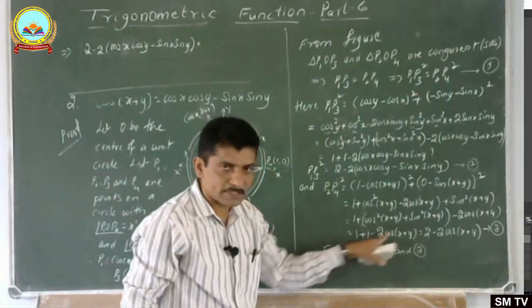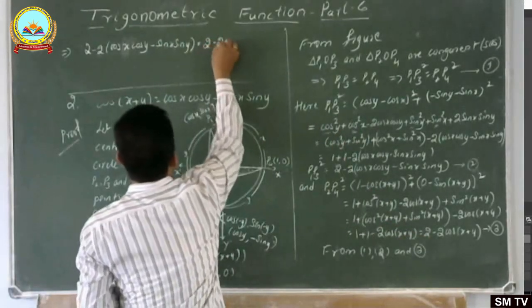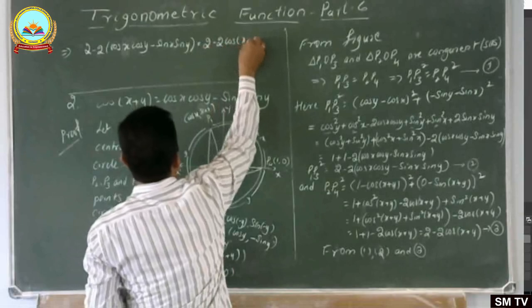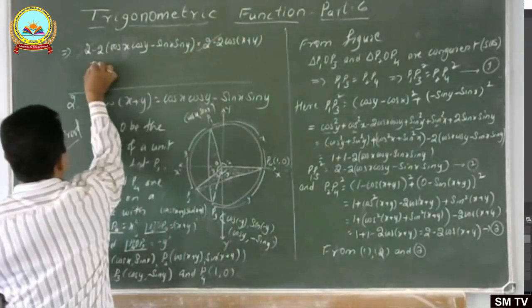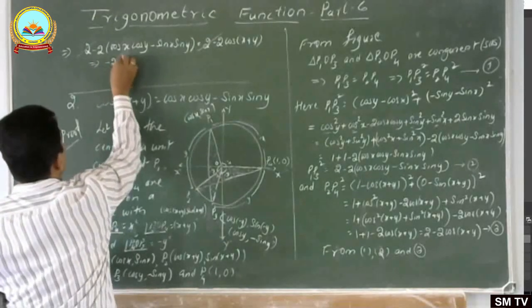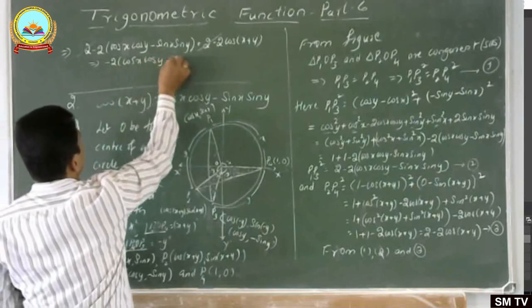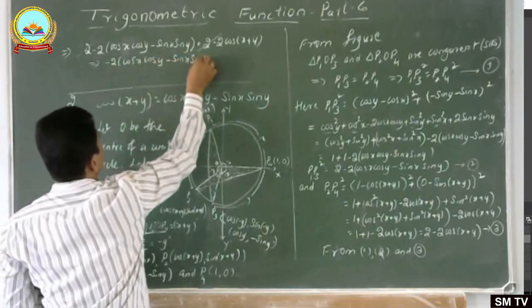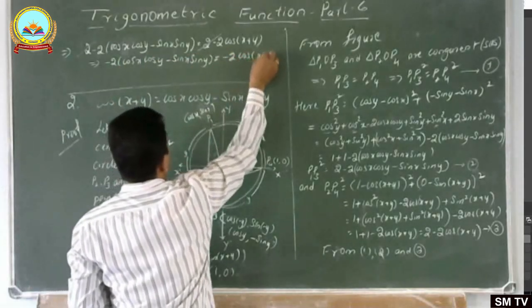Using result 3, here you know that 2 minus 2 times cos of x plus y. Here adding both sides minus 2, you get 2 to cancel, minus 2 times cos x into cos y minus sin x into sin y is equal to minus 2 times cos of x plus y.